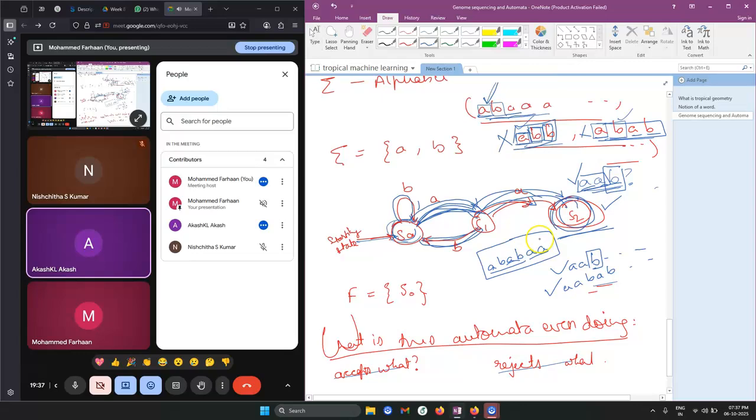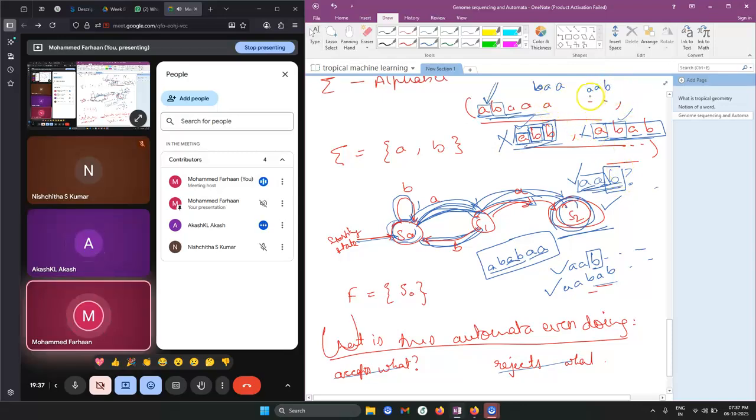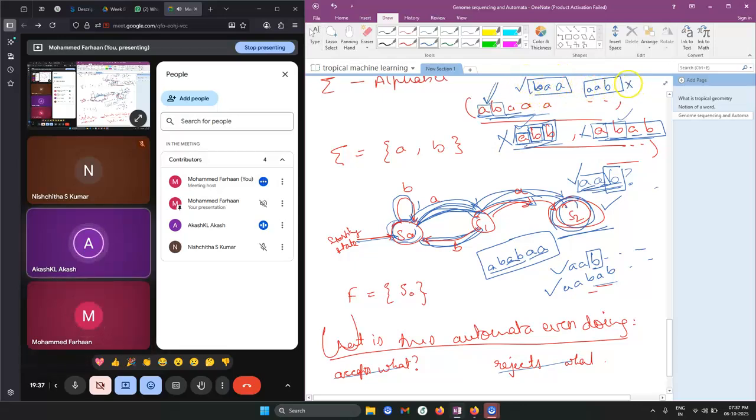For example, AAA or BAA. But you show your string is AAB, ending with B. So you're saying how come this is accepted? It should be rejected. You're asking how does it make sense to accept this?